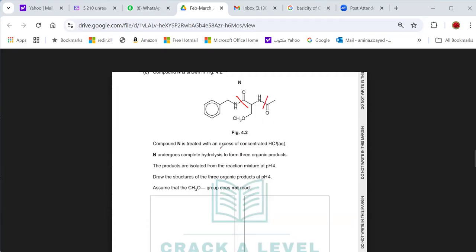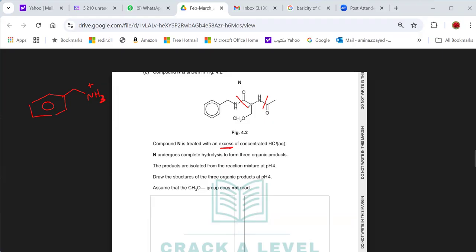And since it is in excess of concentrated hydrochloric acid, the first organic compound that we are going to get will be here an NH3 positive, because it should form NH2, but in presence of an acid, the NH2 group will form the salt, which is the NH3 positive.